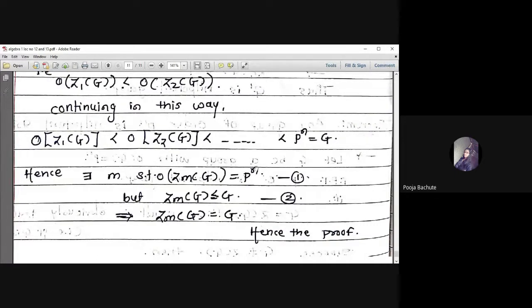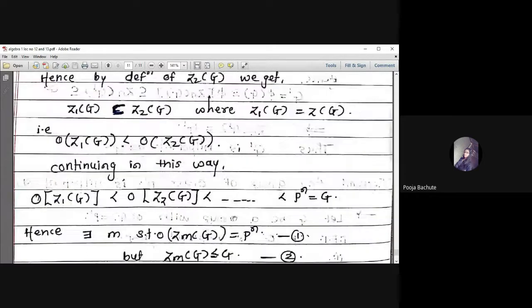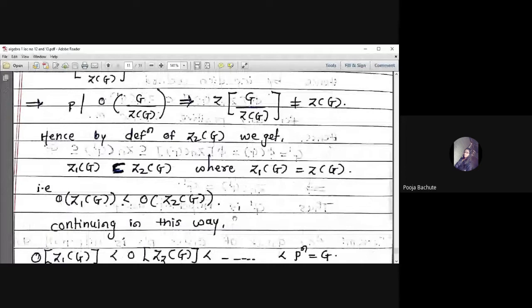So any group of order p raised to n is a nilpotent group. Okay, check, and tell me if anything is not understood.